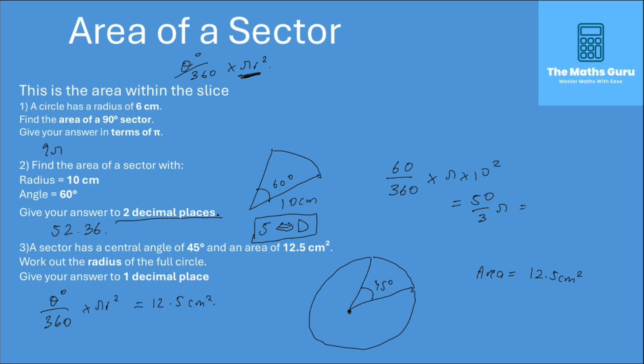So filling in the information that we know, we have 45 over 360 times pi times r squared, which is what we're trying to find. Now, rearranging our formula to make r the subject, we have r equals the square root of 12.5 divided by 45 over 360 times pi.